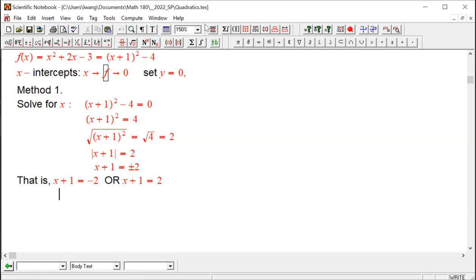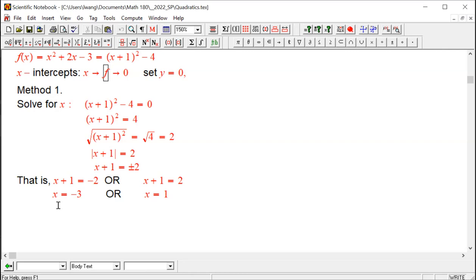And of course, here we get 2 solutions. So we get negative 3 for x, or x equals positive 1.